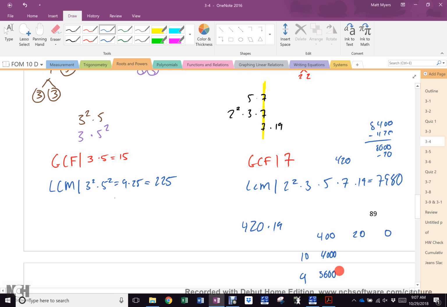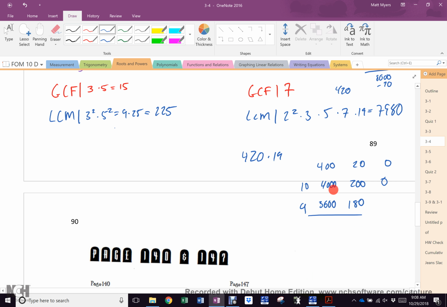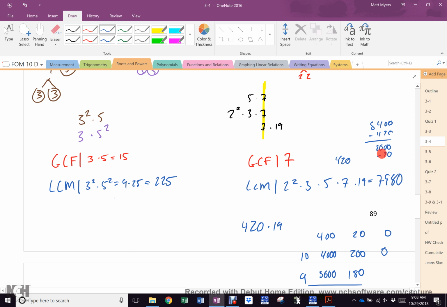That's 3,600. 10 times 20 is 200. 10 times 0 is 0. 20 times 9 is 180. And then it's easy to add these up. 7,600, 7,800, 7,980. Some people like to do this area method. Some people like to do what I did. I do a mix.